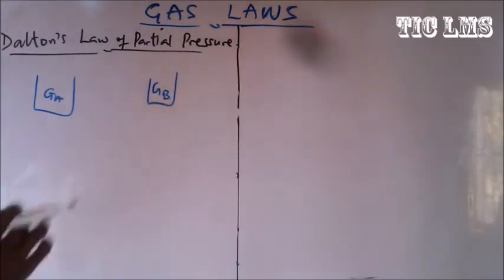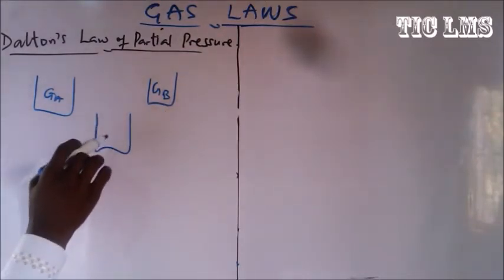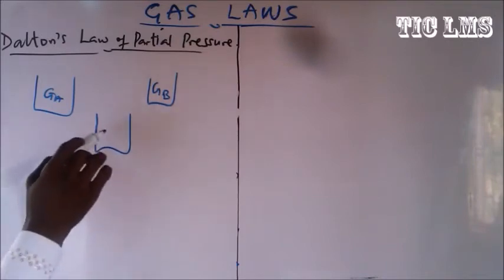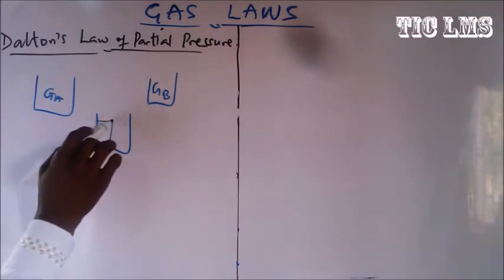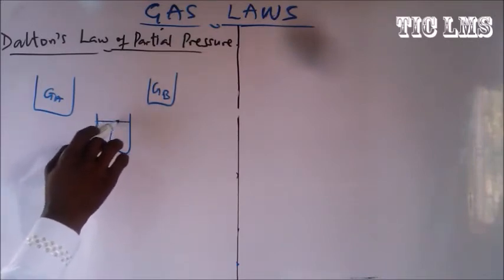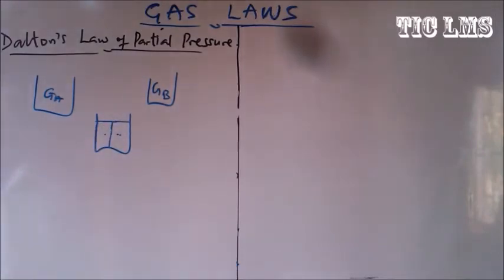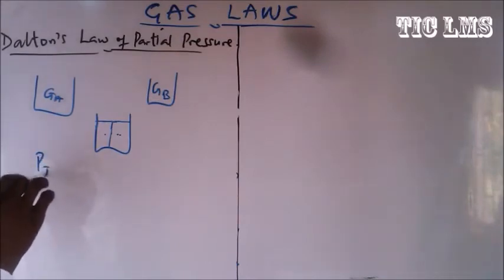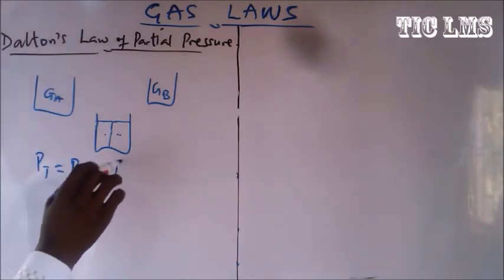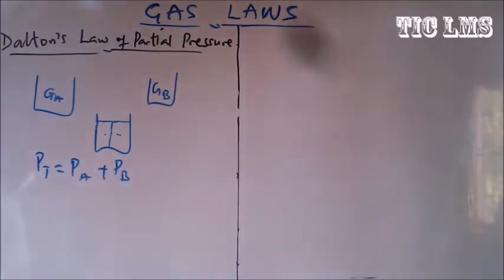And the pressure that they have when they are put into a common container, both of them will exert their own pressure, which are partial pressures. And so you have a total pressure, which will be pressure for A plus pressure for B. It may be more than 2 gases, so each of them have their individual pressure.